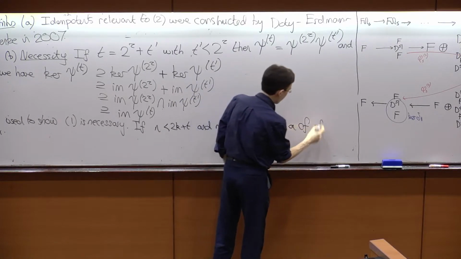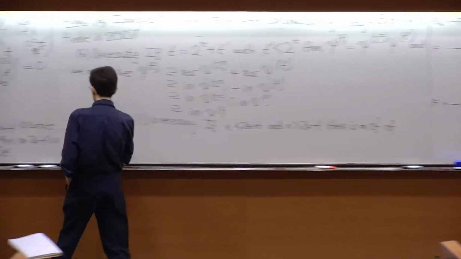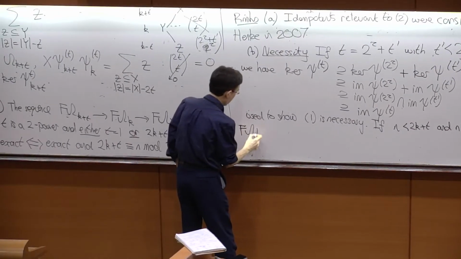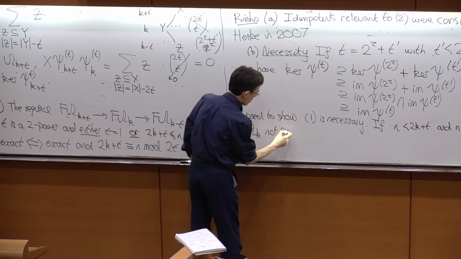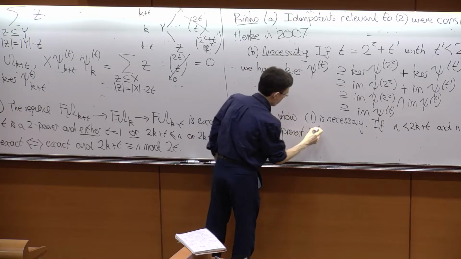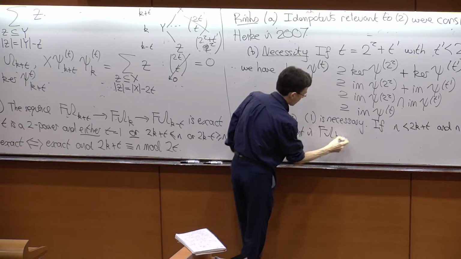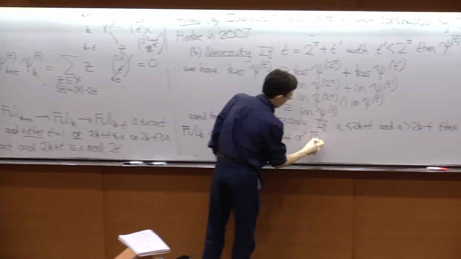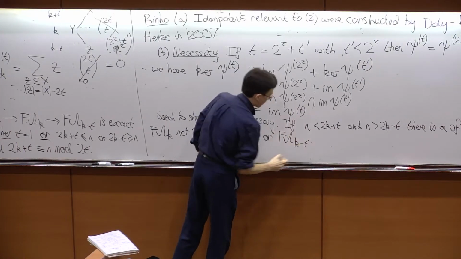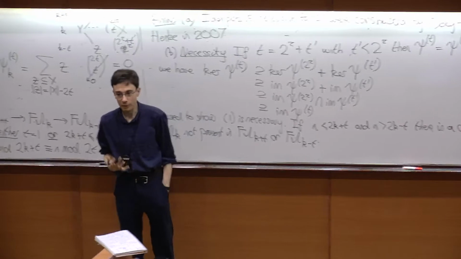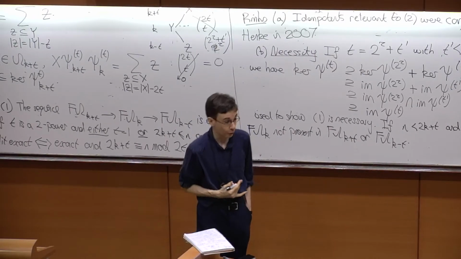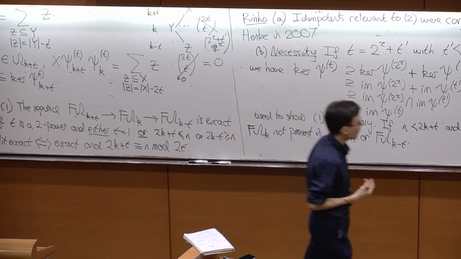There is a composition factor of f omega k not present in f omega k plus t or f omega k minus t. So again, that's a fairly blatant obstruction to exactness.